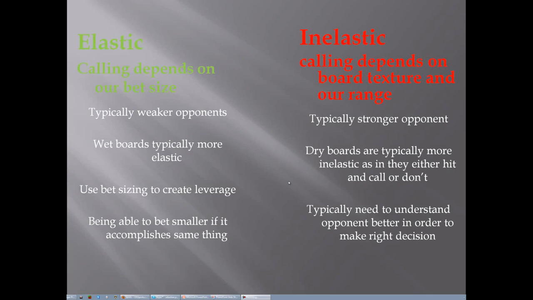Yet on the turn, we know that this particular villain is folding everything but top pair. So if we have a hand that beats top pair, we're going to want to bet large again on the turn to get maximum value from their top pair hands, knowing that if they don't have top pair, they're folding anyway, so we might as well bet big.